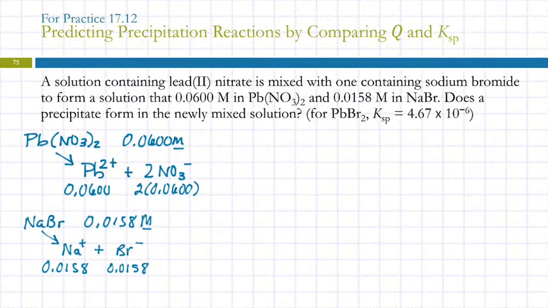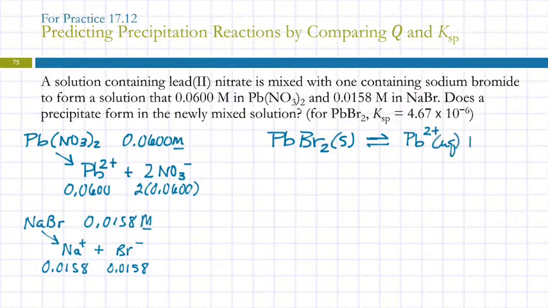So let's look at the equation, not for the precipitation, but for the dissolution of lead-2 bromide, because that's what KSP relates to. That makes lead-2 ion and 2 bromide ions.